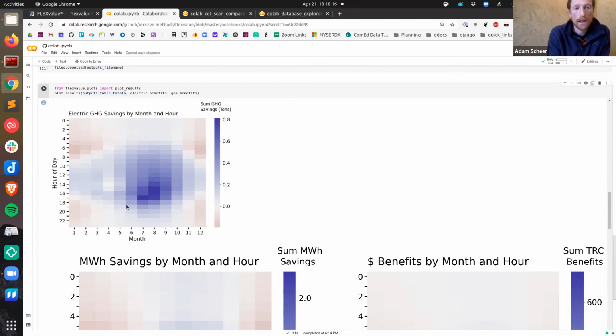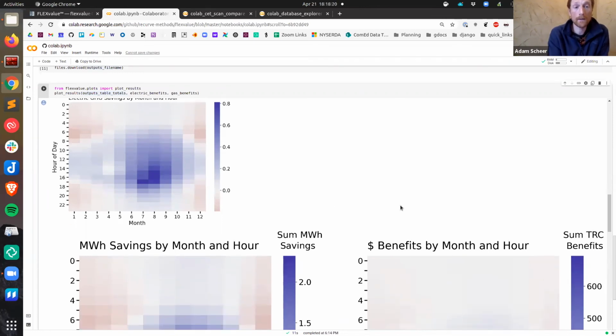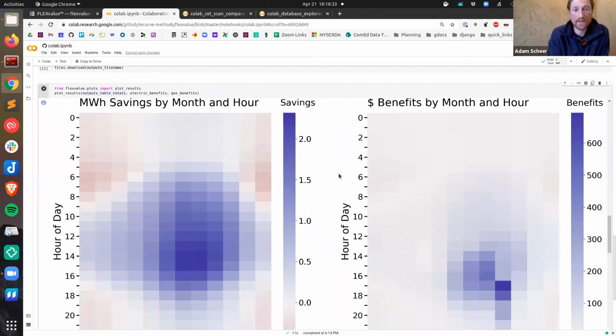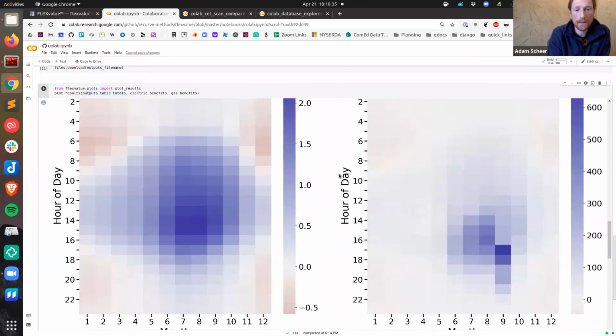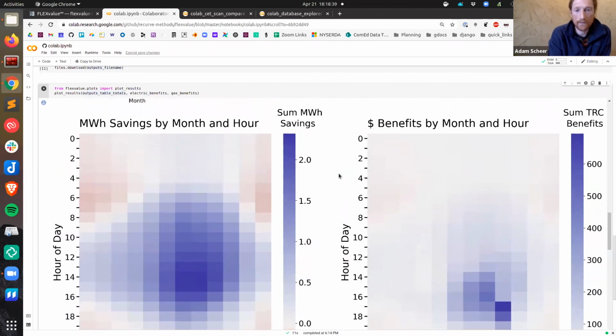And given that there's an electrification measure in here, a heat pump, you actually see that there's some negative GHG corresponding to when that heat pump is added load to the grid. You can see that in red. And then you get the same kind of heat map representations of the avoided costs and the savings profile themselves. So savings on the left, avoided costs on the right.